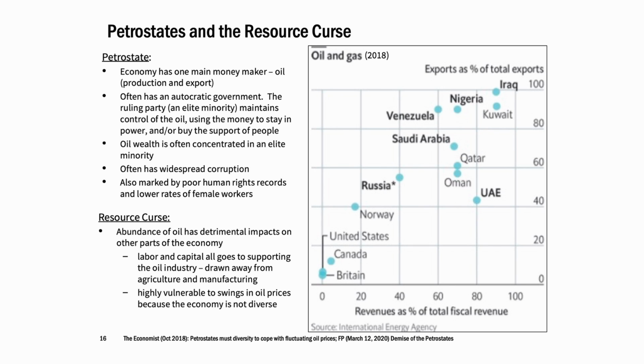And so there are times when this actually isn't the best for society at large because that oil money can stay concentrated in governments. And so some of these countries do have widespread corruption or might be marked by poor human rights records, things like that. So it's one of the challenges.